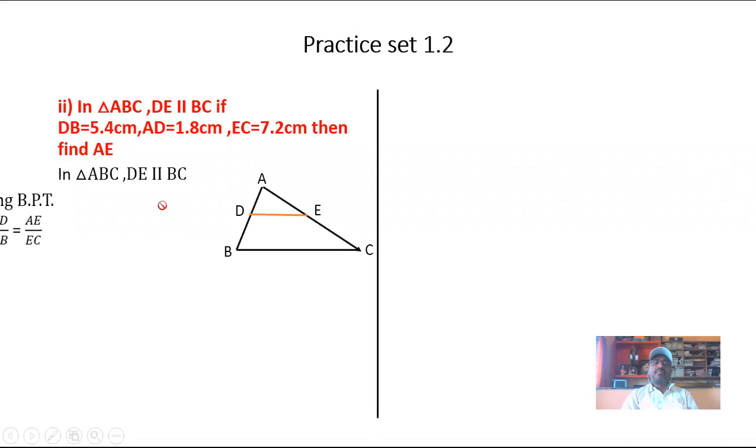Then by using the BPT theorem, the basic proportionality theorem: in a triangle, if a line is parallel to a side of the triangle and intersects the other two sides at distinct points, then it divides the sides proportionally. AD to DB is equal to AE to EC. Putting in the values, DB is equal to 5.4 centimeters, AD is equal to 1.8 centimeters, and AC is equal to 7.2 centimeters in this proportion.